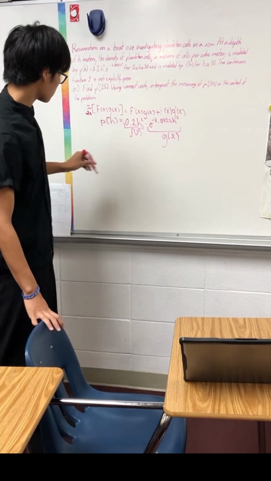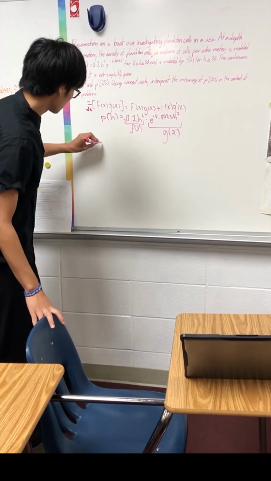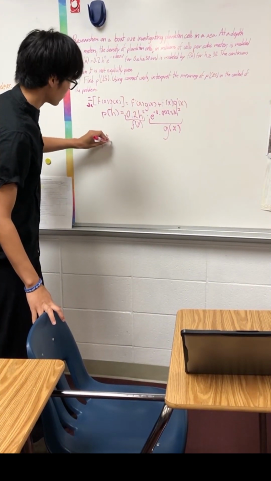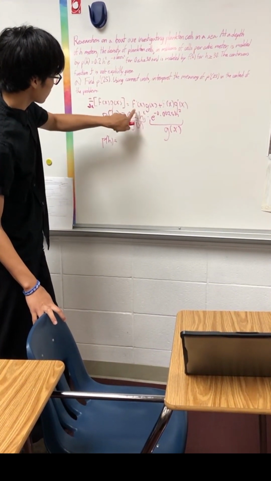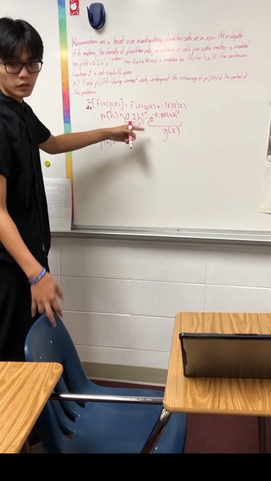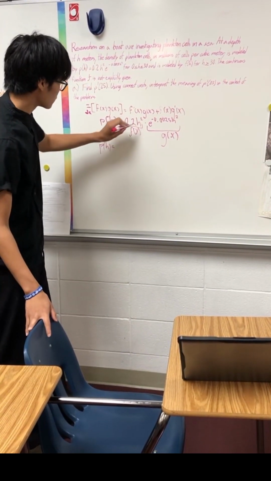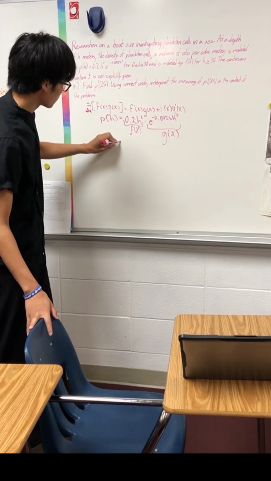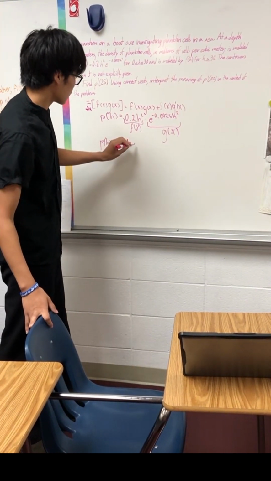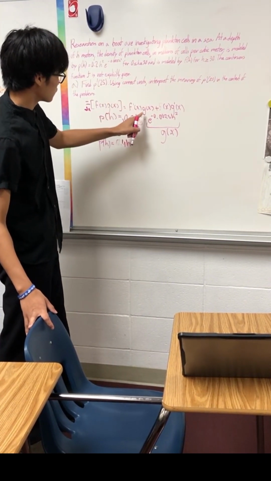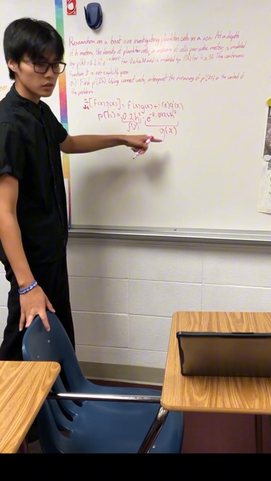and my g of x e to the negative 0.0025h squared. Now, p prime of h is your f prime of x, and using the power rule, we know that it's 2 times 0.2, which is 0.4h, times g of x, which is just this.